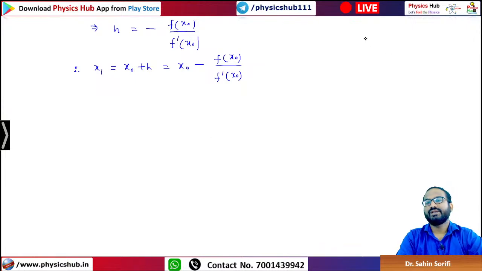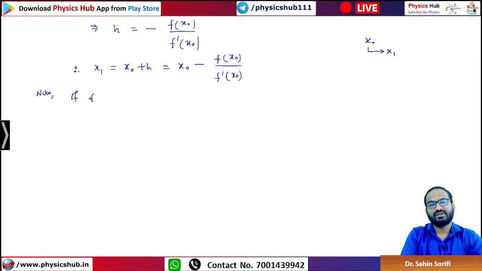Okay, so we make an initial guess, x naught, to go to the exact root. Let's say we are getting closer to the exact root with x1. Now if f of x1 equals 0, then there is no issue. But if f of x1 is not equal to 0, because we have used an approximate expression, f of x1 will not be exactly 0.